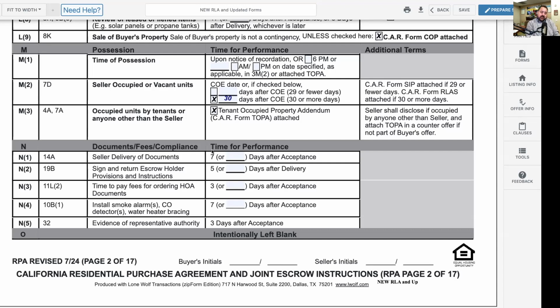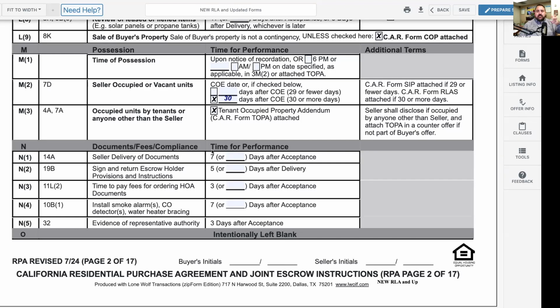So now we know if I have a 10-day review of disclosures or review of seller's documents, and I get everything on day 8, then the time period, because they're late, is shorter than the amount of time I'm supposed to get per the contract when they're late with their delivery. So I get 5 days from that date. So instead of having 10 days to remove that contingency, I now end up with 13.